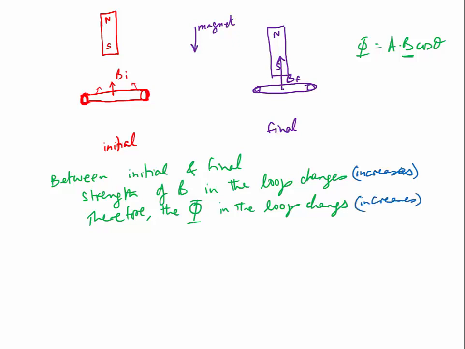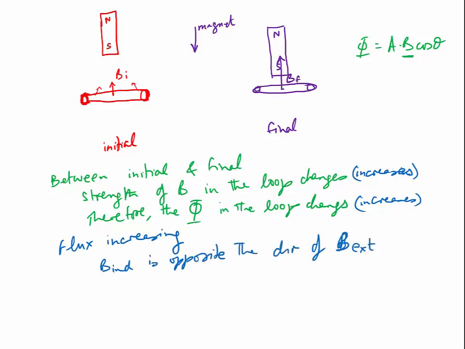The next step we said is, because the flux is increasing, the direction of B induced is opposite the direction of B external. So I'm going to show the loop one more time over here. This is a circular current carrying loop that we're seeing the cross section of. In 3D, it would look something like this, and I'm just seeing it in the cross section here.